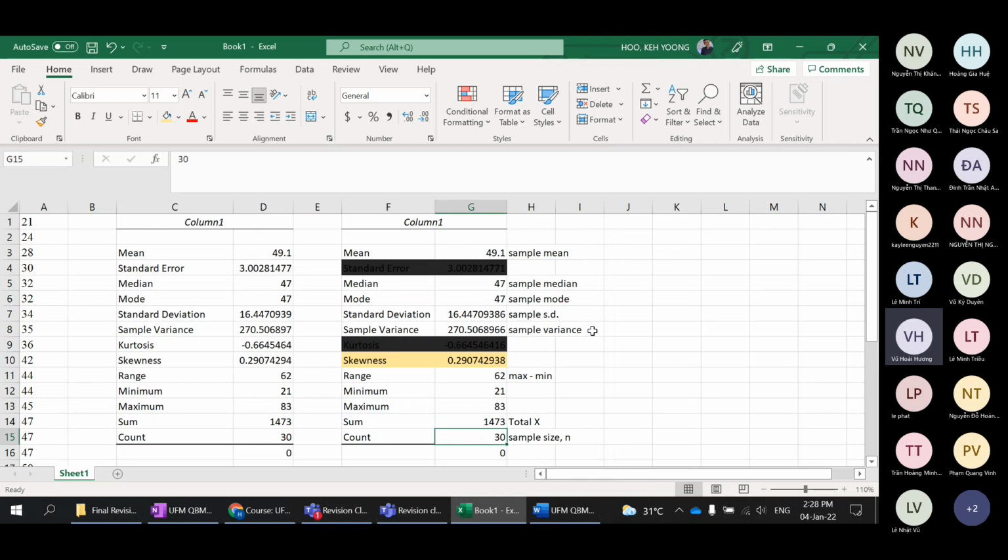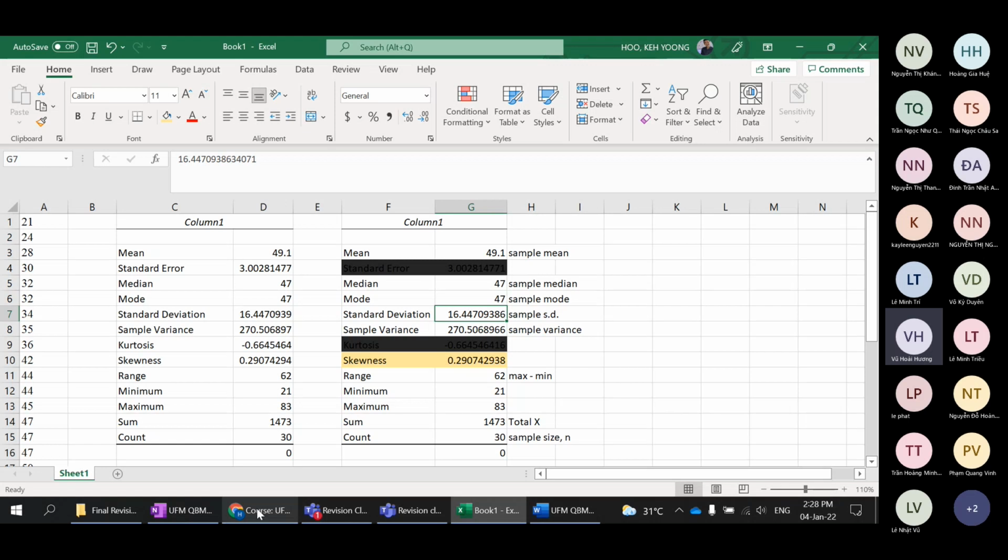Any questions about this output? You can use this to double check your answers, or maybe you just need the answers, you can use the Excel to help you.